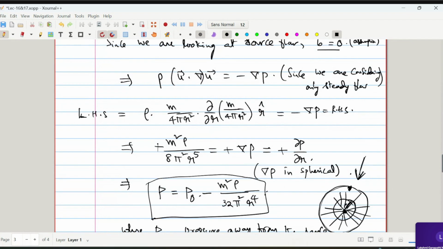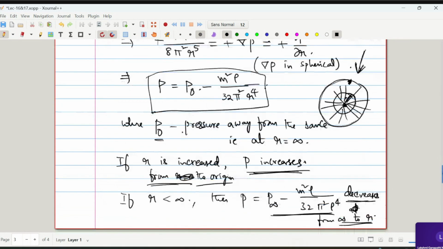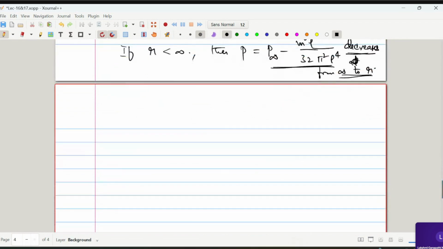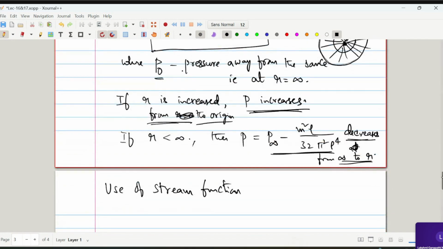So we have done three-dimensional source. What you have done so far is using the stream function, you derived the source and sink in one- or two-dimensional flows. What is the use of the stream function? Let me write simply: use of the stream function. I'm going from 2 dimensions to 3 dimensions, right?